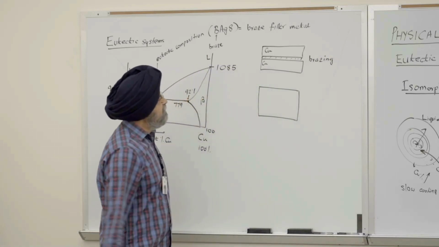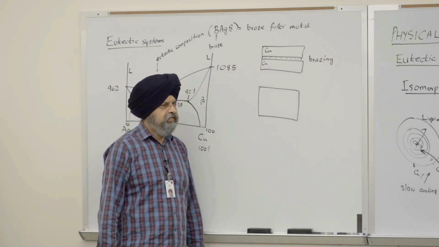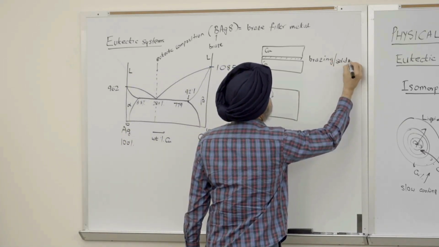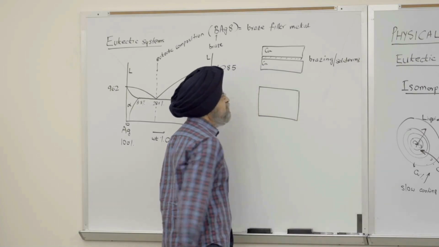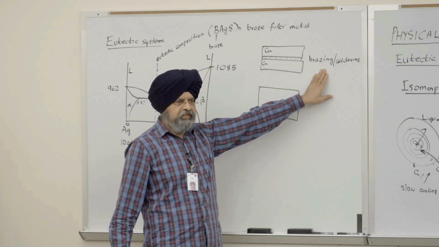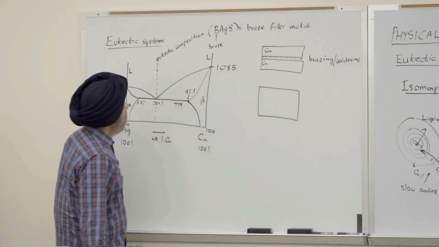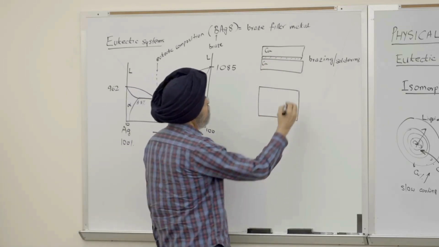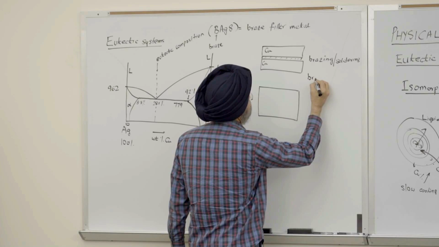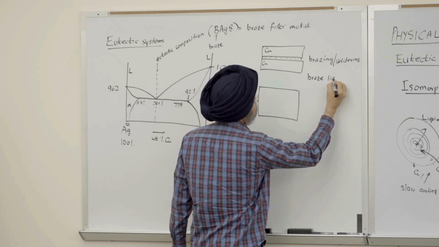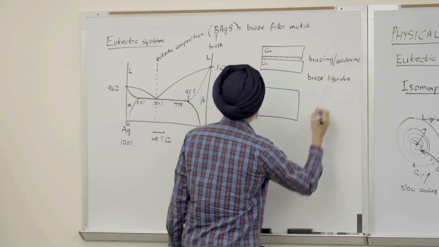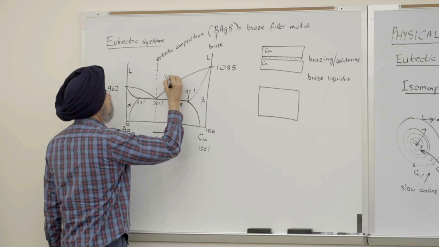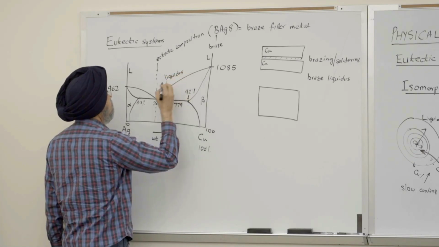So then, just another sidebar, if you're talking about brazing, what is soldering? So what's the difference? And what are these two things? So brazing and soldering are very similar. So they have to do with joining pieces of metal such that the braze liquidus, that's, in our case, this temperature for this alloy, because this line is the liquidus, and this one too.